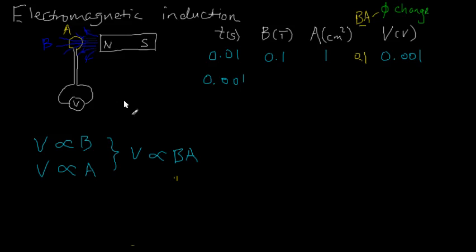Okay. Then what I'll find, if I can actually read this voltmeter just as quickly, is that the voltage would be about 0.01. In other words, if I whip it away in a time that is 10 times shorter, meaning that I whip it away 10 times faster, then the induced voltage will be 10 times bigger.